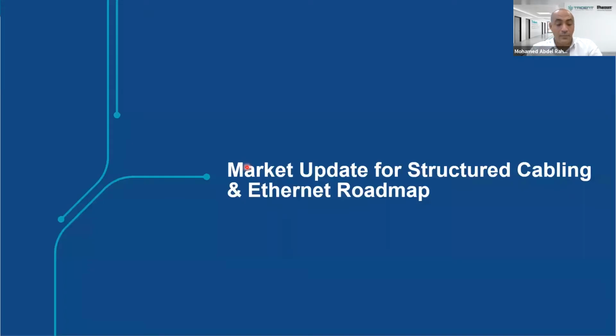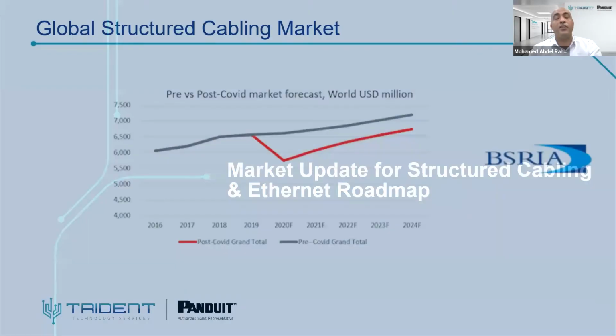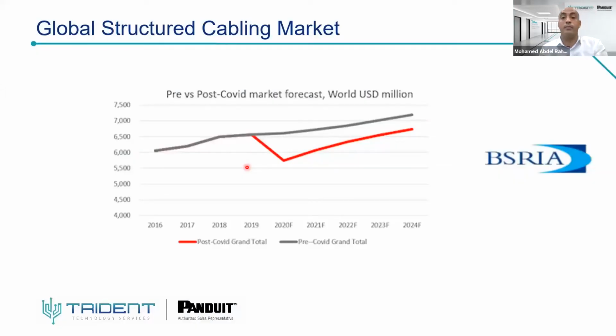So now, the market update. Let's have some information about the market update for the structured cabling system and the different Ethernet roadmaps. As you can see here, based on the Building Services Research and Information Association, BSRIA, updated research indicates that the global market for the structured cabling system declined by 12% from 2019 to 2020.